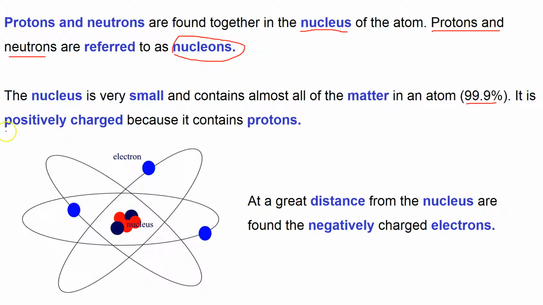The nucleus is positively charged because it contains protons, which have a positive charge, and neutrons, which have no electrical charge. The electrons are found outside the nucleus at a great distance from the nucleus. They kind of orbit the nucleus like planets orbiting the sun, and what keeps them in that orbit is the attraction between the negatively charged electrons and the positively charged protons.